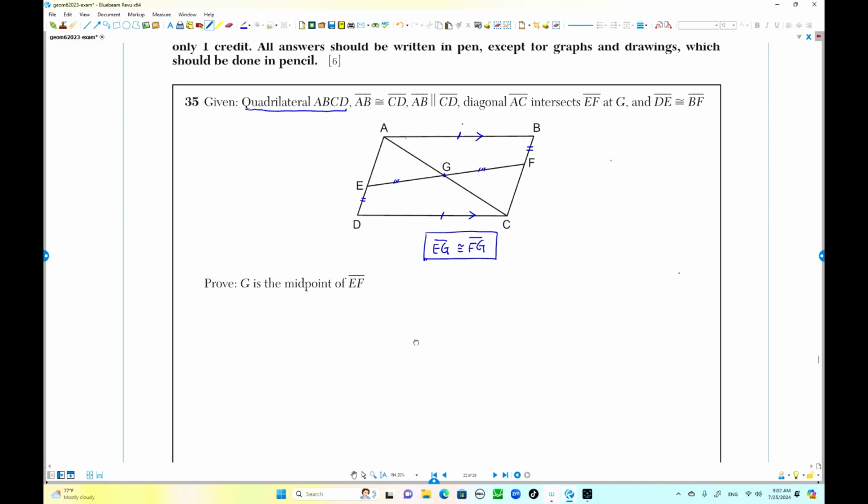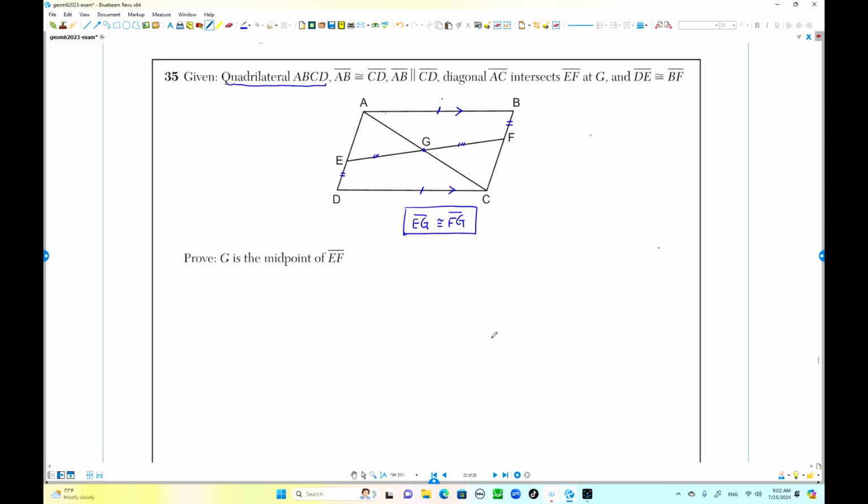The easiest way is to use the definition of a parallelogram. I'm going to give you the first method. We need a two-column proof, statements and reasons.